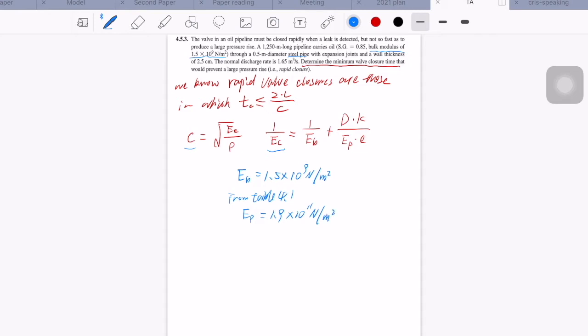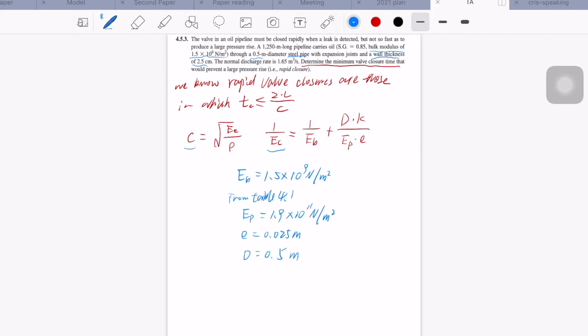And we know the wall thickness for this pipe is 2.5 centimeters, so E equals 0.025 meter. And we also know the diameter of this pipe is 0.5 meter.